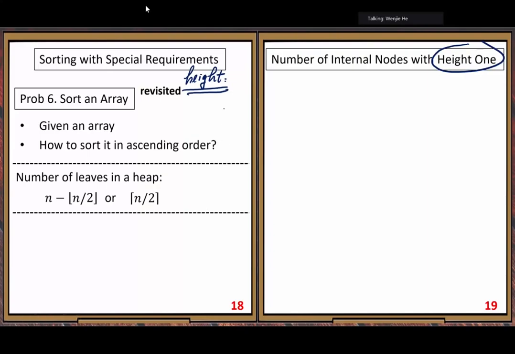Here, let me draw a simple binary tree. Like this. All right. Height. When we talk about the height of each node, right?